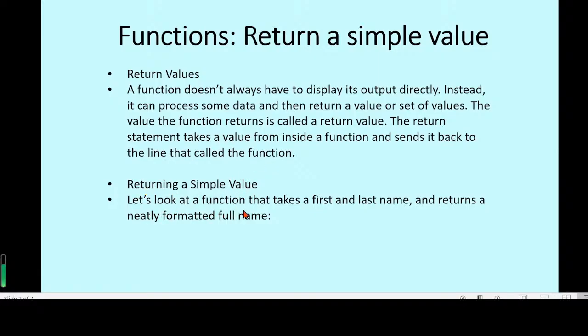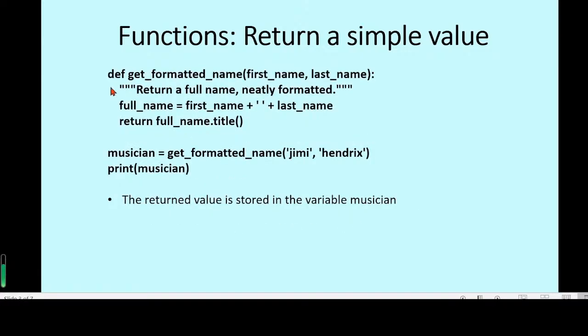So, returning a simple value. Let's look at a function that takes a first and a last name and returns a neatly formatted full name. So this is a function definition. get_formatted_name with two parameters, first name and last name. Then inside the function, a full name variable is created with a concatenation of first name, space, and last name.